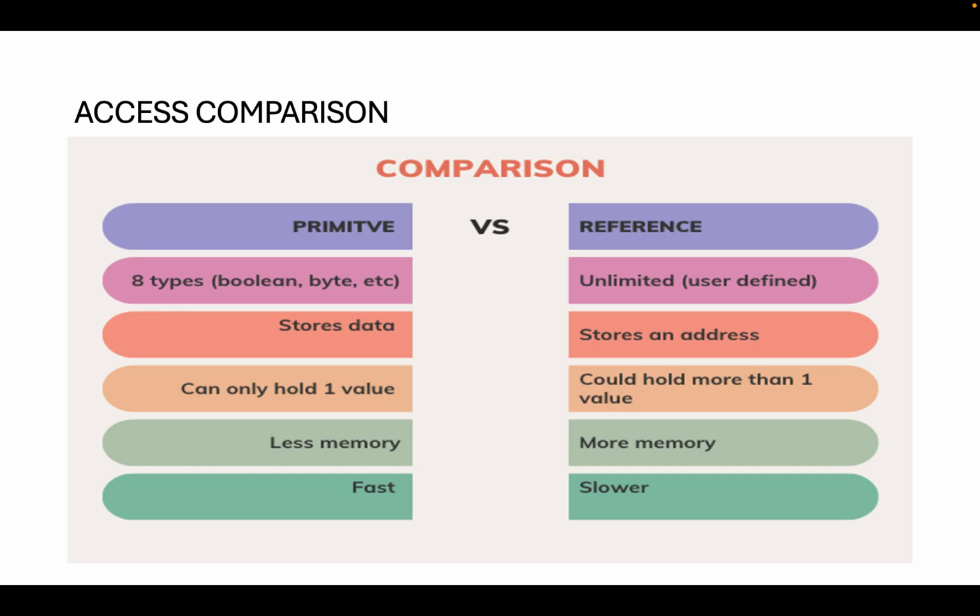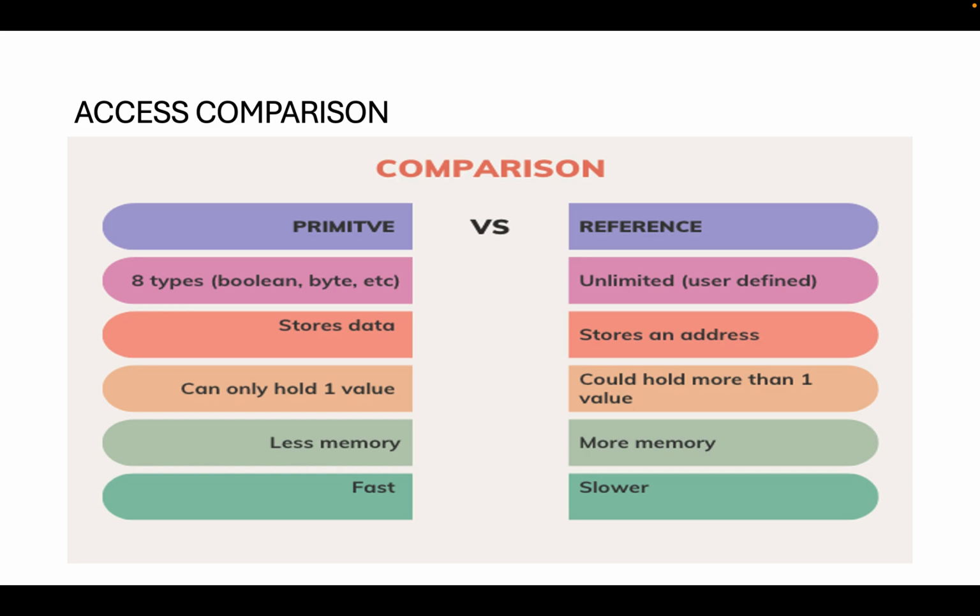Reference data types are unlimited, there are so many types, but in this lesson we only talk about a few examples, like arrays, strings, and others. Primitive data types store data, while reference data types only store the location of where the data is pointed to in memory, also known as the heap, and the primitive is the stack.